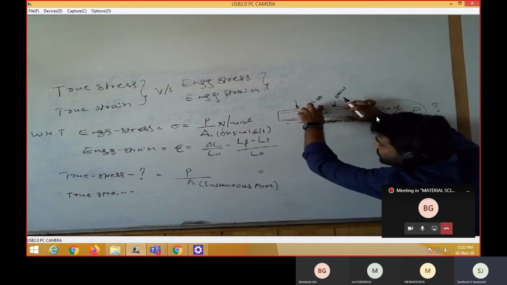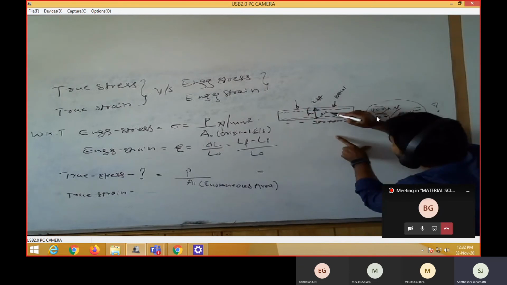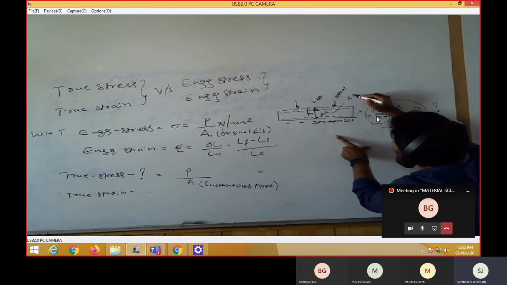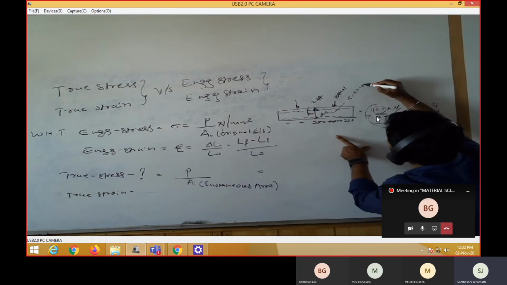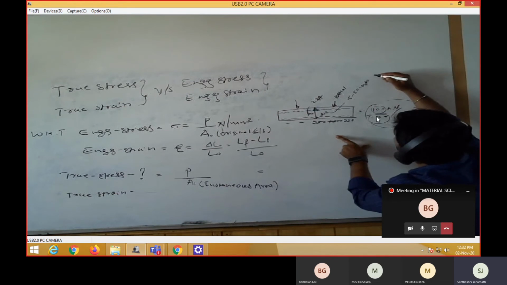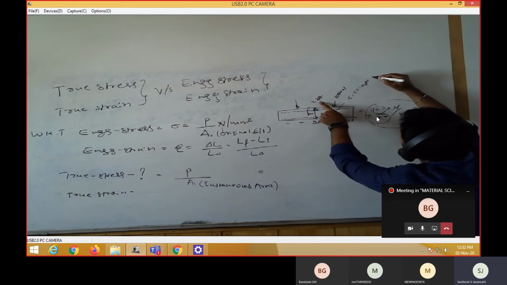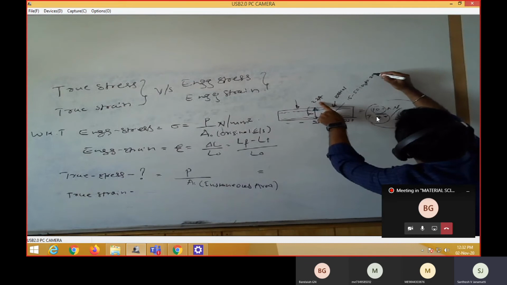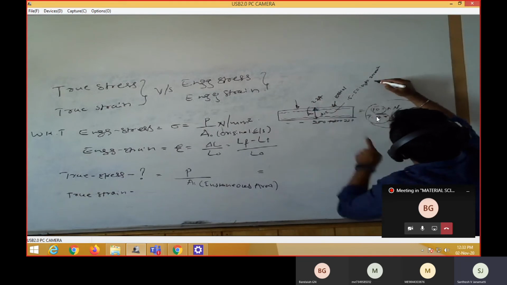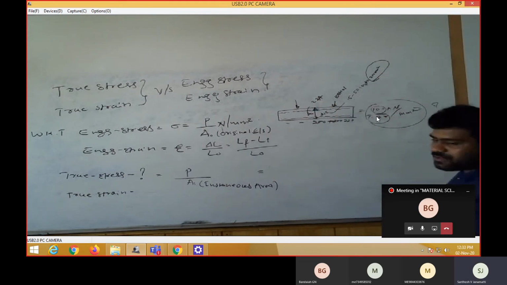The diameter is 15 initially; now it is reduced, around 10 mm diameter, so the area is reduced from 224 to around 200 mm square.